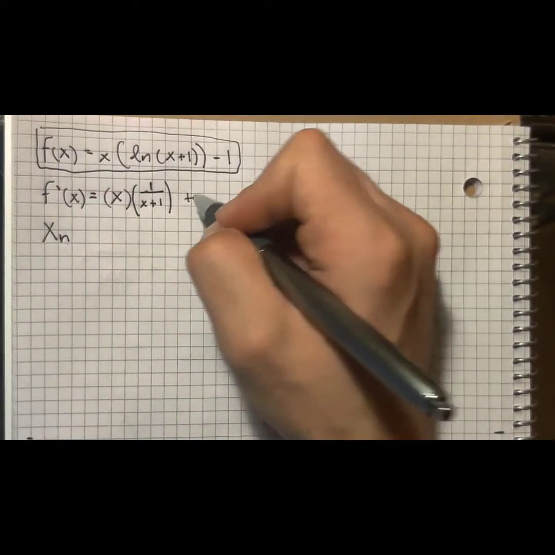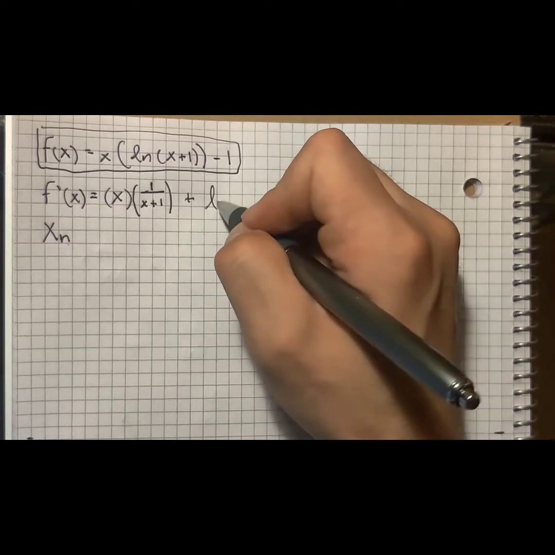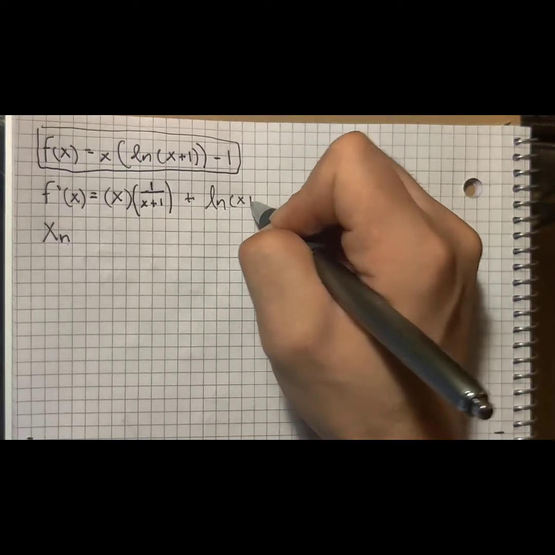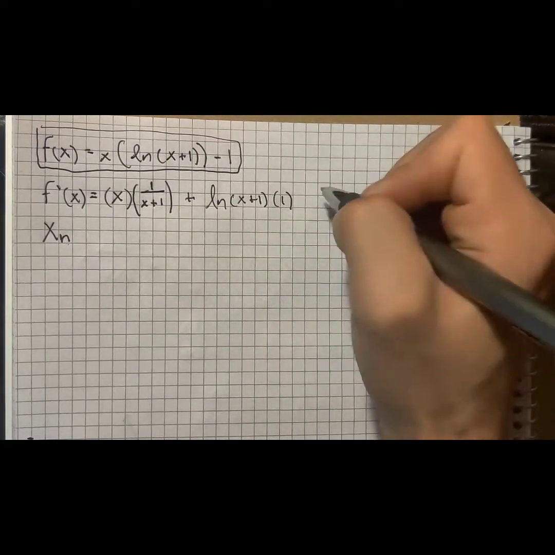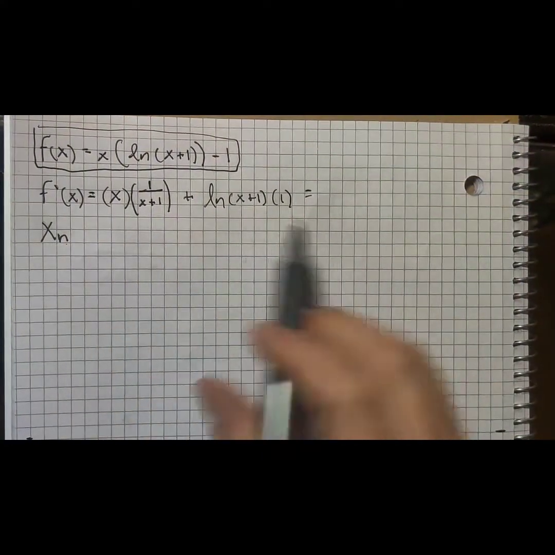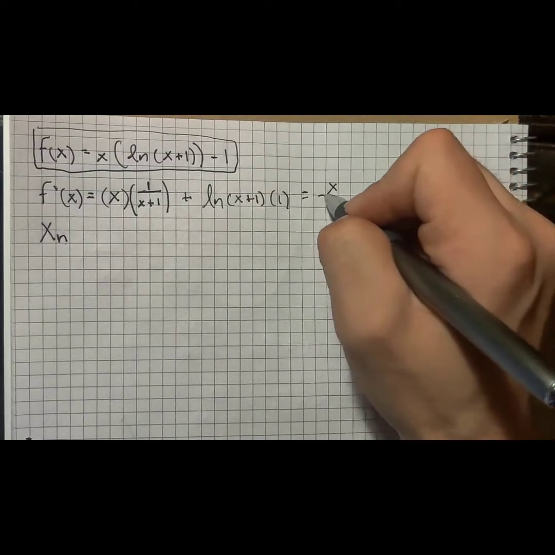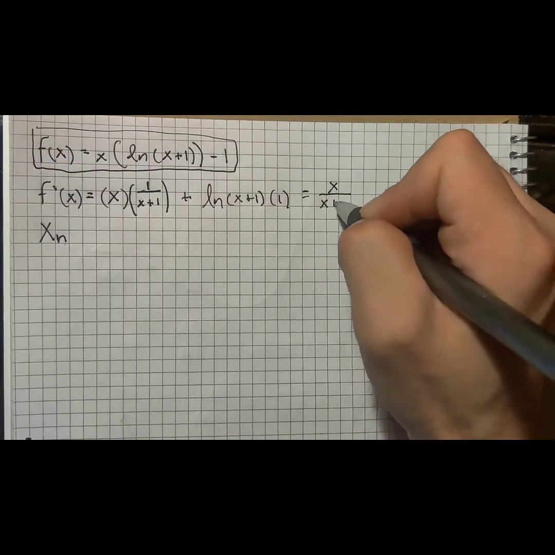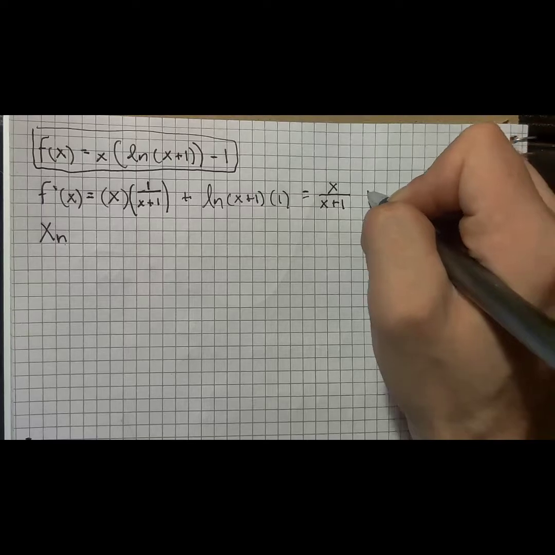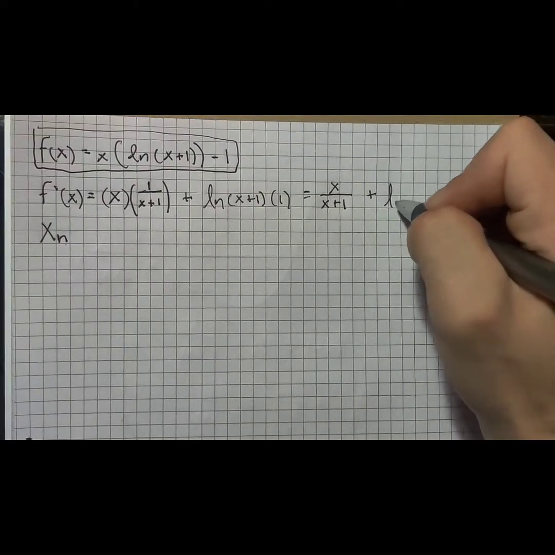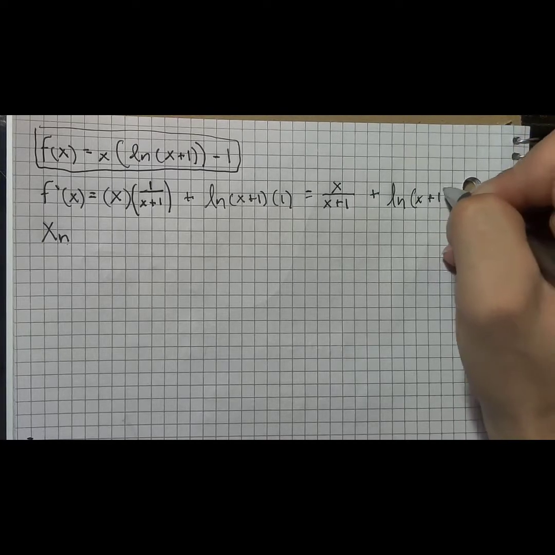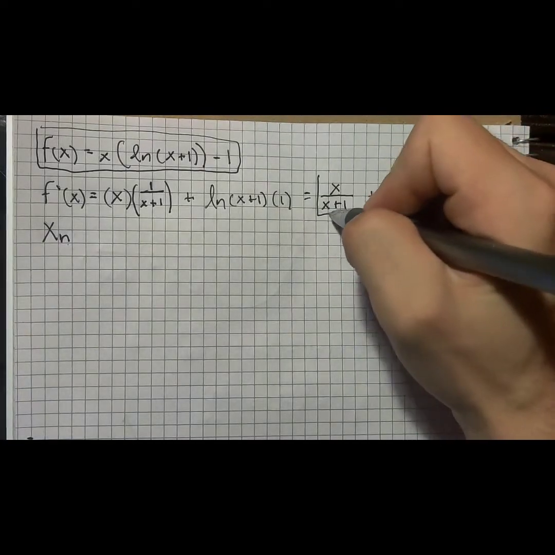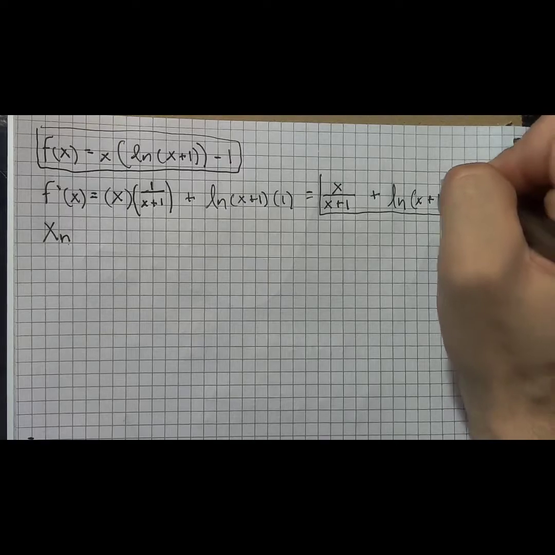Plus the second, ln x plus 1, times the derivative of the first. If we work this out, we see that our derivative is x over x plus 1 plus the natural log of x plus 1. This is what we're looking for.